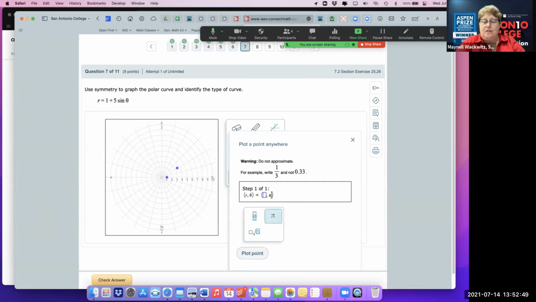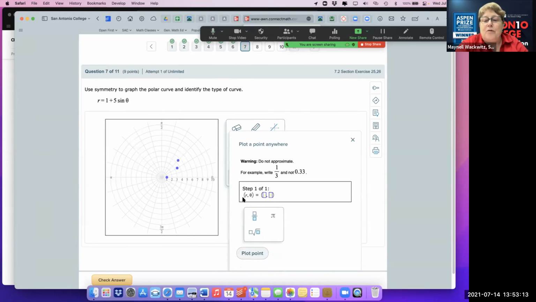Then pi over 4. We just have to do 6 points, I think. At pi over 4, what is the sine? So we've got 1 plus 5 times square root of 2 over 2. Yay.